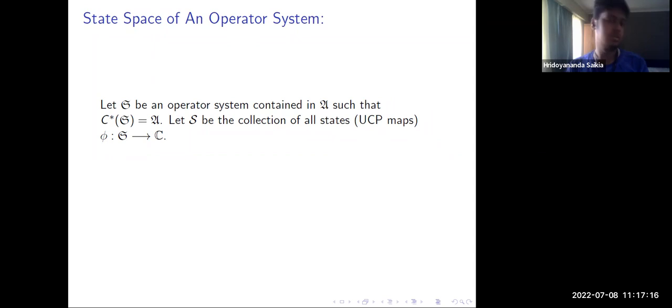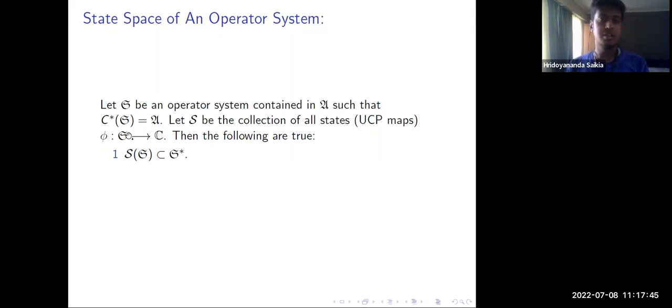So that means S is the collection of all states P from the operator system S to C. For example, if we replace this S by C of X, some commutative C-star algebra, then the state space will be the set of all probability measures. Then the following are true.